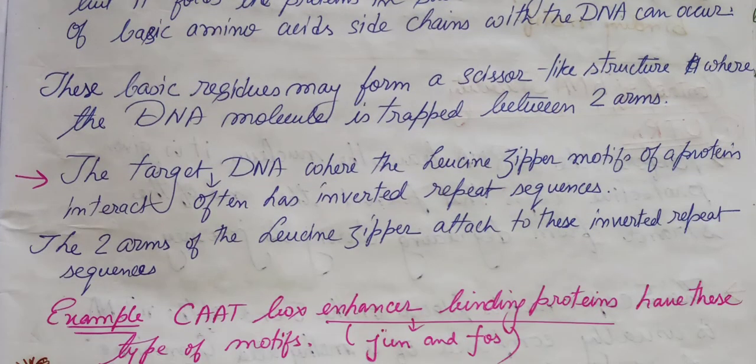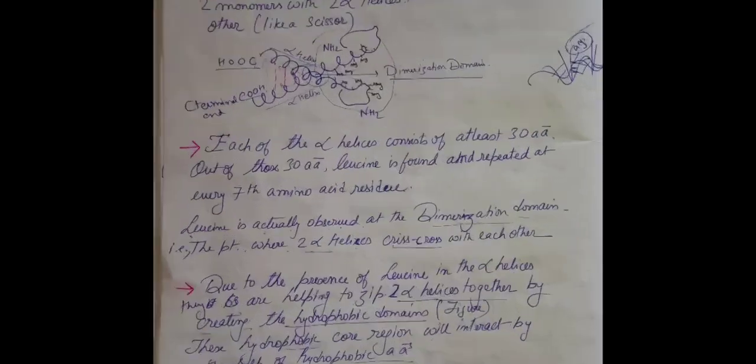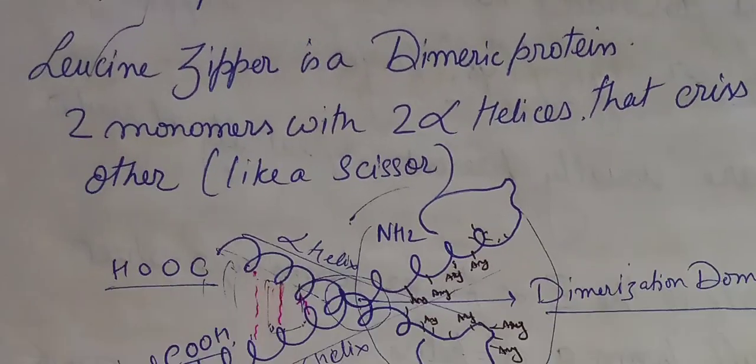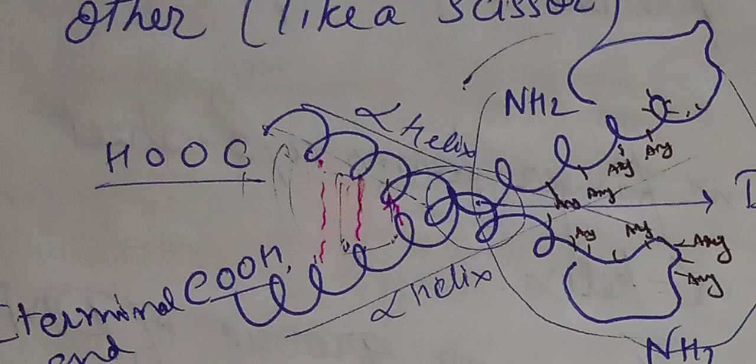So these basic residues can form a scissor-like structure, where the DNA molecule is trapped between the two arms of the leucine zipper. So if I show you, the DNA can interact between these regions.